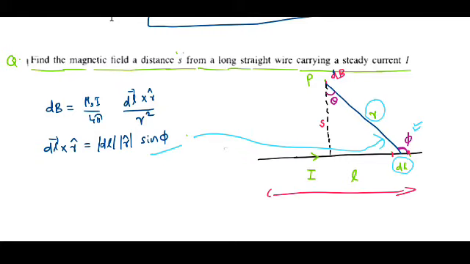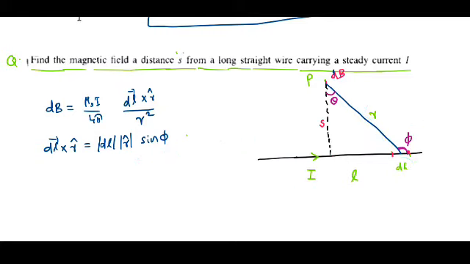That is why we have written here sine phi. That is, this can be written as magnitude of dl is dl, the magnitude of this unit vector is 1, and this is dl sine phi. I write this as dl sine 90 plus theta.